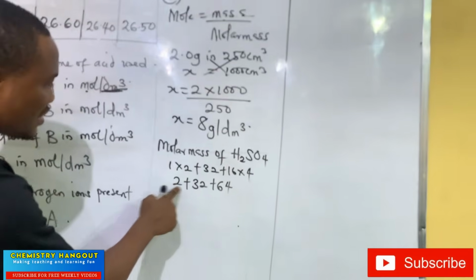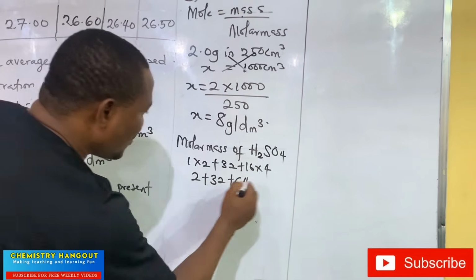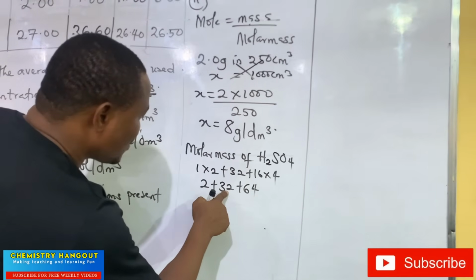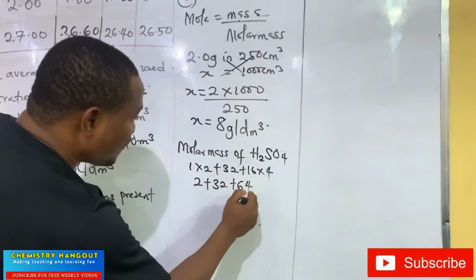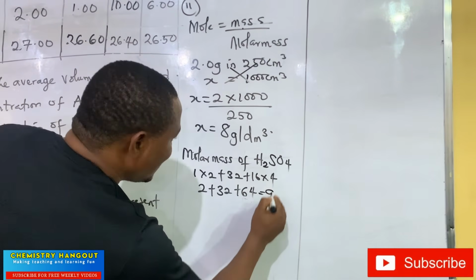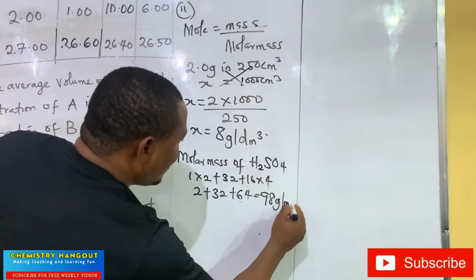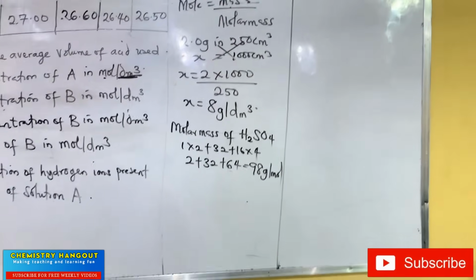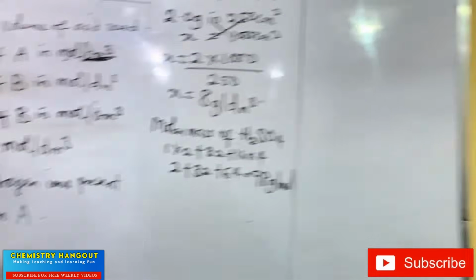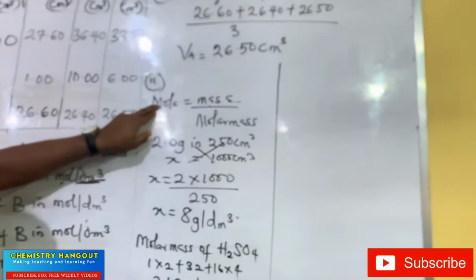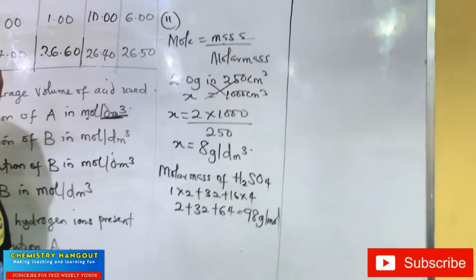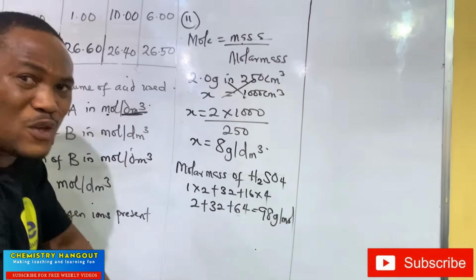And that will give us what? 34, and that will be what? 98 gram per mole. Please, those units are important. So did you see that we are on the right track now? So we can calculate the mole now, because we have the mass, we have the molar mass. Very simple. Just understand what they have given you and what you need to get.